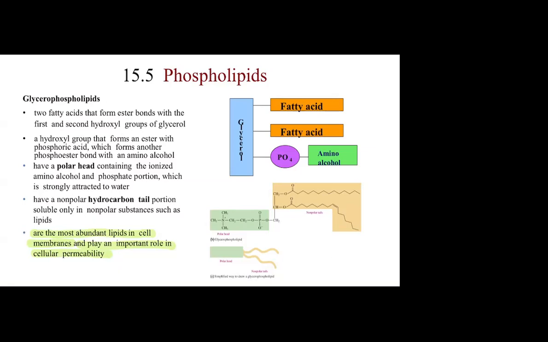So when it comes to phospholipids, we can observe that the phospholipid is made from glycerol, 2 fatty acids, a phosphate group, and an amino alcohol. So I'm going to label all of those components in the molecule that we have below.